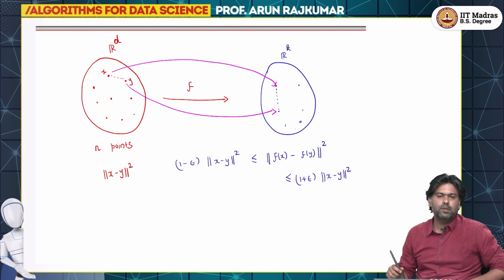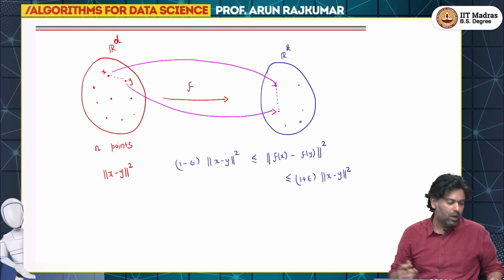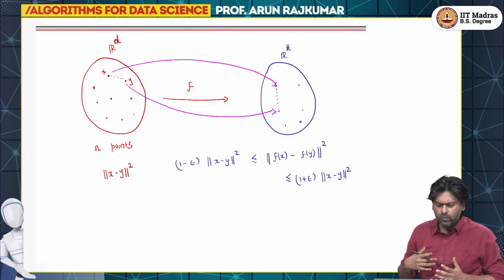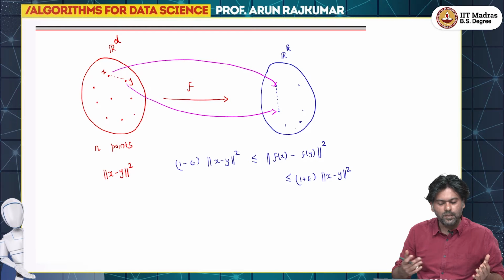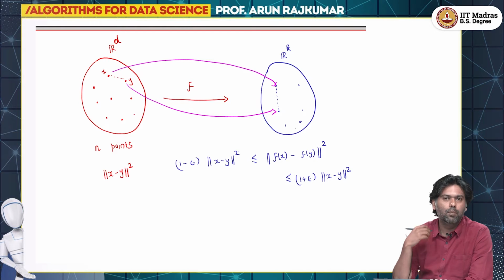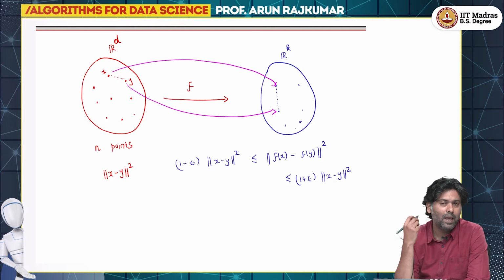So this is the JL lemma, and we can already see why this is useful, especially if k is much smaller than d.